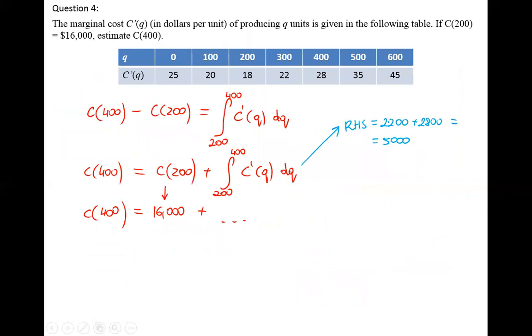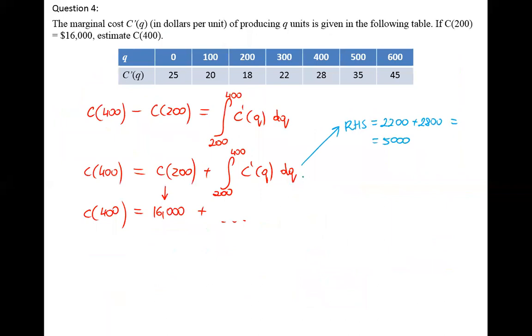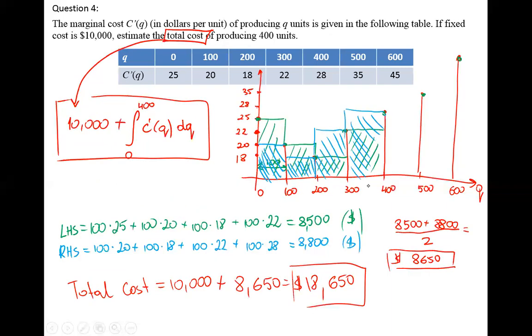Excellent. And now I can also estimate this using the left-hand side. Can you tell me the left-hand side, the green? This one is 100 times, what's the value for 200? 18, right? That means 100 times 18, 100 times 22.